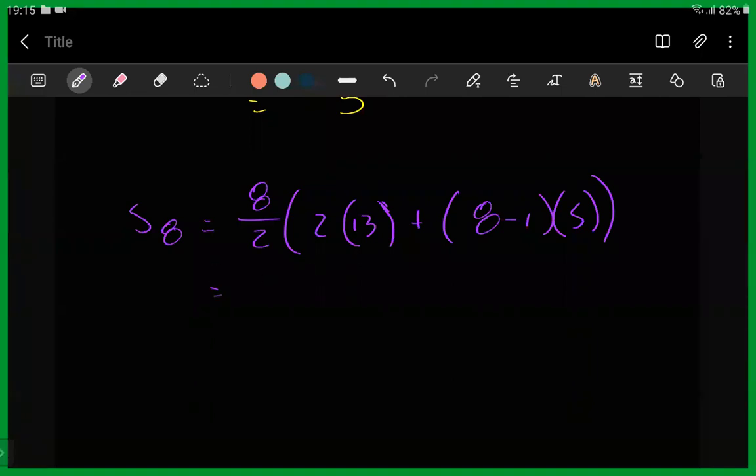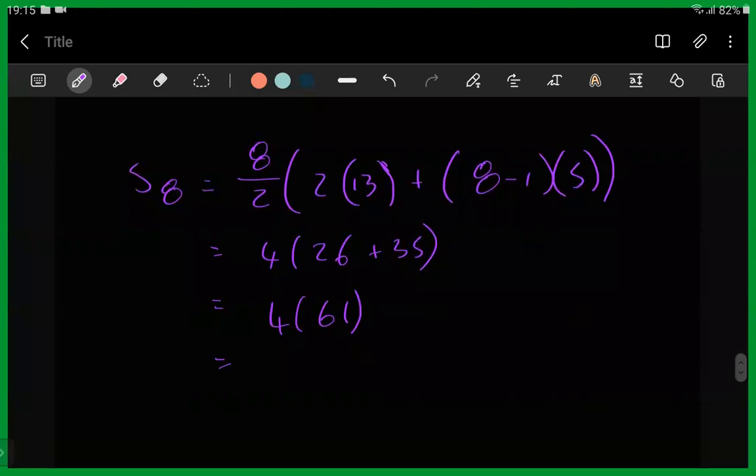So what is this in the calculator? I'm getting 244. Pardon? 244. Yes. There is your final answer.